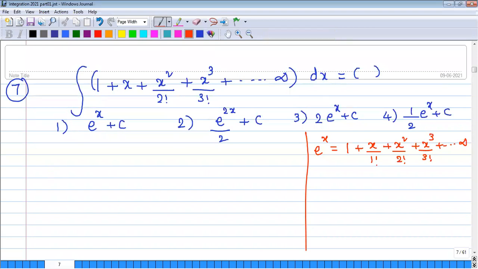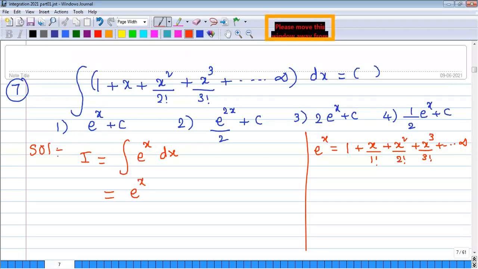So that means our integral becomes integral e power x dx. It's a standard formula. So e power x plus c is the answer. Option A, the first option, is the right option.